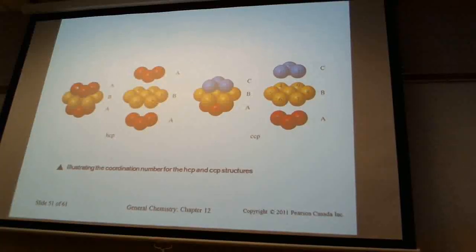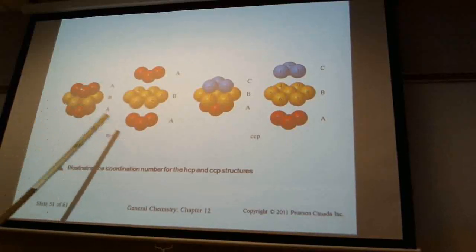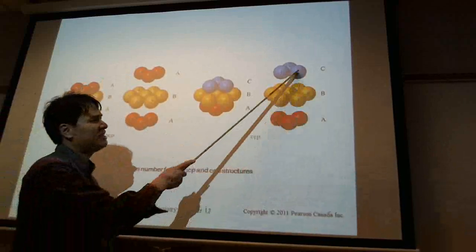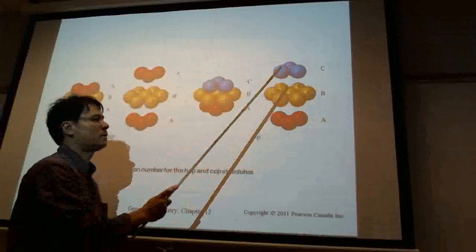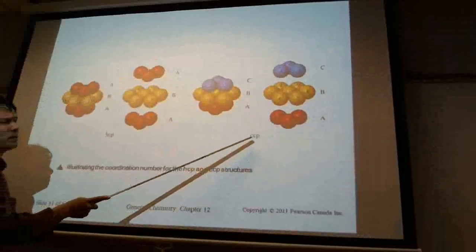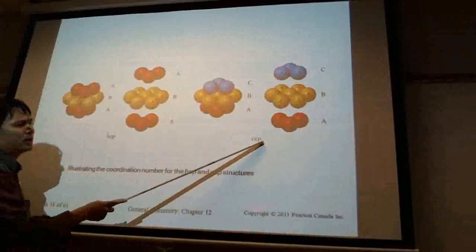Okay, I said face-centered cubic is the densest. That's an A, B, C, A stacking pattern, like this. But face-centered cubic is also called cubic closest packing, CCP.